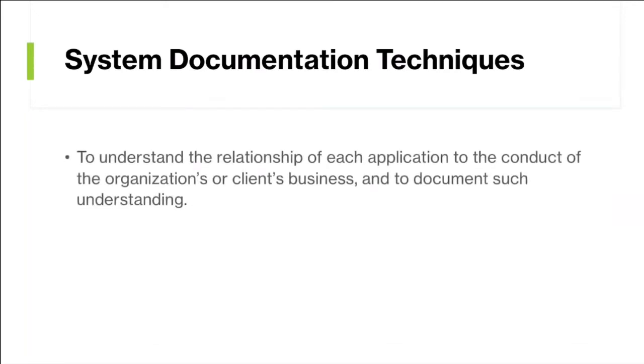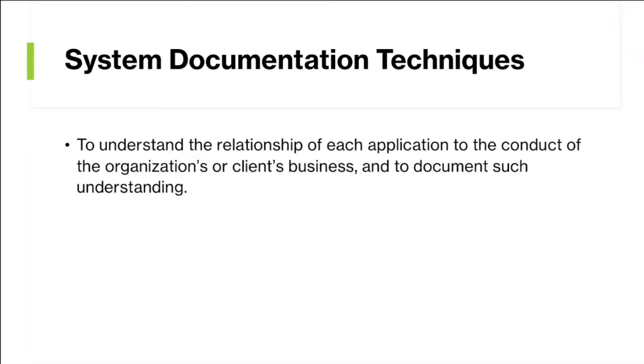Next, other tools and techniques that help us with our IT audit are what we call system documentation techniques. Primarily, the use of these system documentation techniques is to understand the relationship of each application to the conduct of the organization's or client's business and to document such understanding.